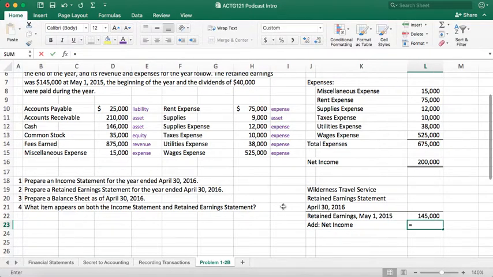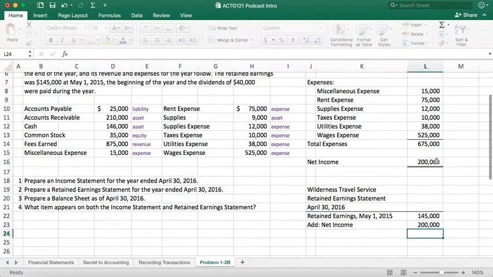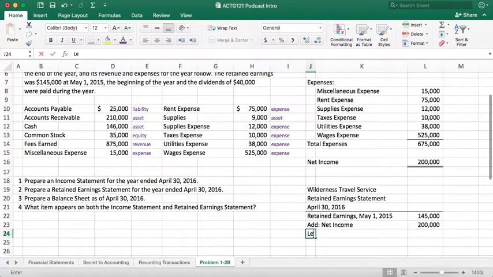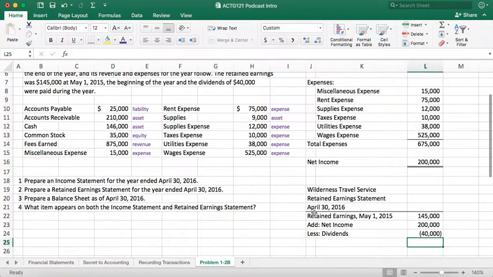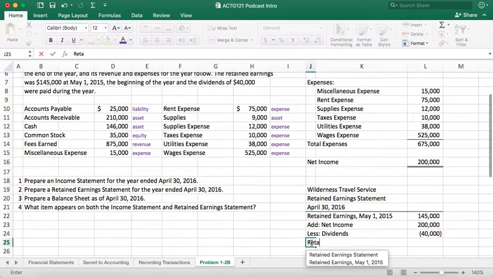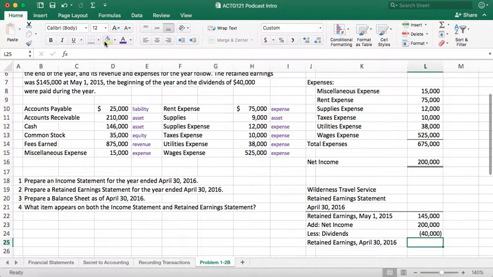Remember, we just calculated that right here. We add net income, and then we subtract dividends, which was also given in the problem, $40,000. So retained earnings at the beginning of the year, add your net income for the year, subtract out the dividends, and then we have the retained earnings ending balance, April 30th, 2016.